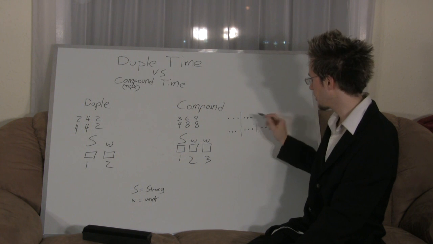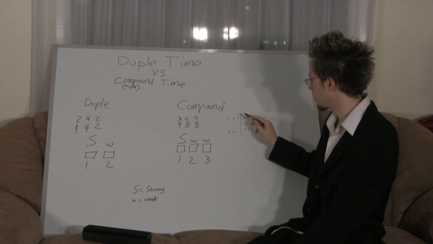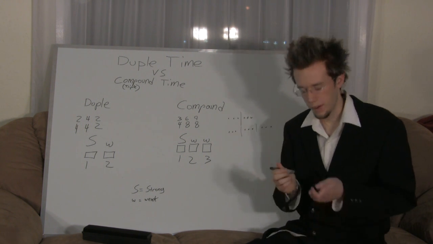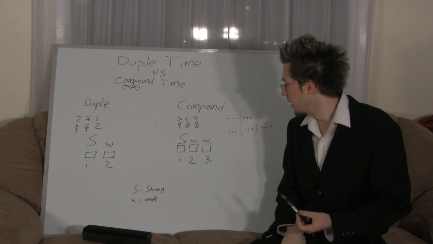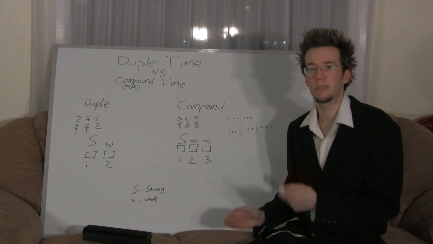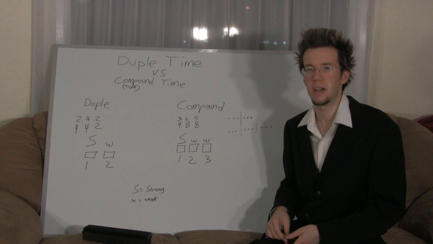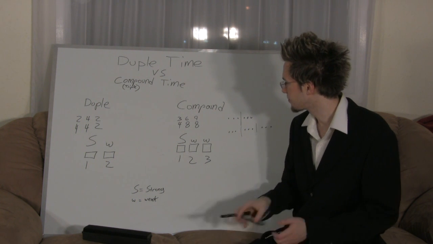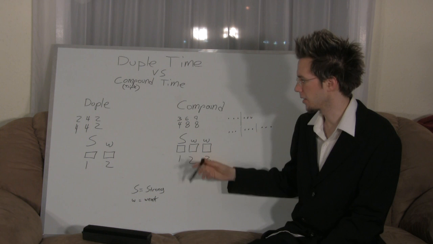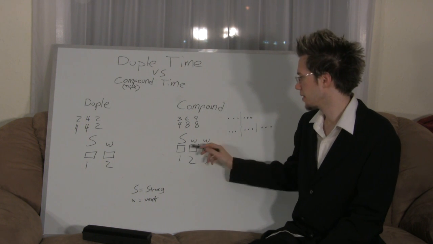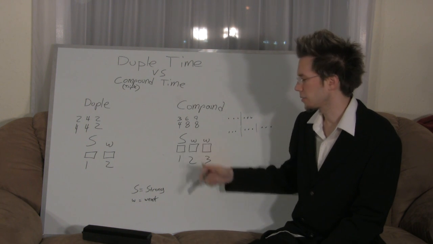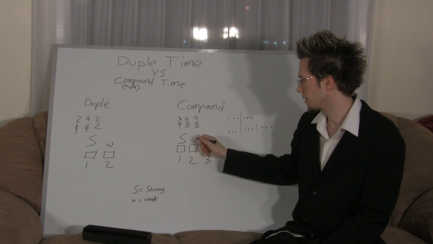And here you have 1, 2, 3, 4, 5, 6, like that. Now this is sort of a segue, getting your mind prepared for the next lesson, which has to do with strong and weak beats and how you place them. So that's what I'm talking about when I have an S and a W here.